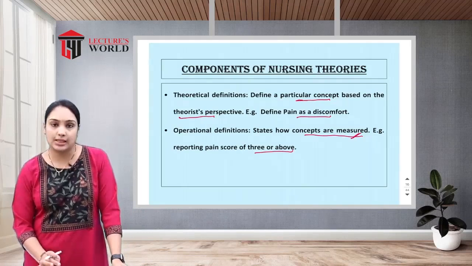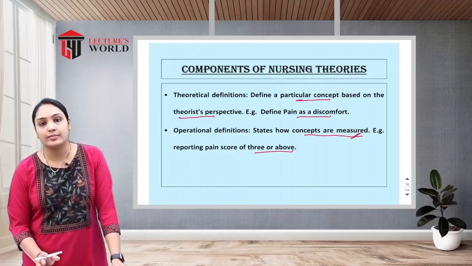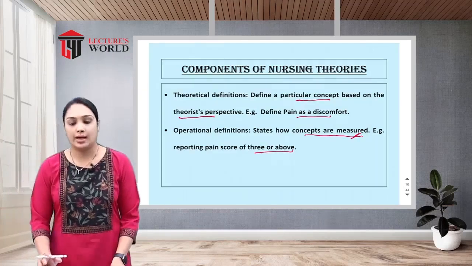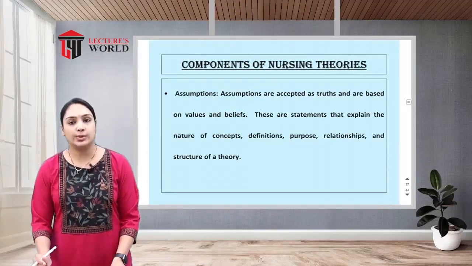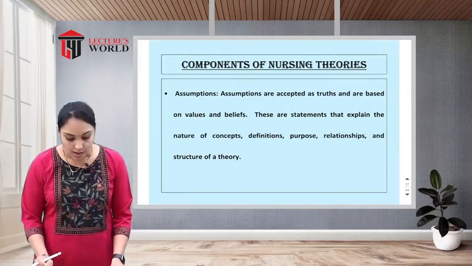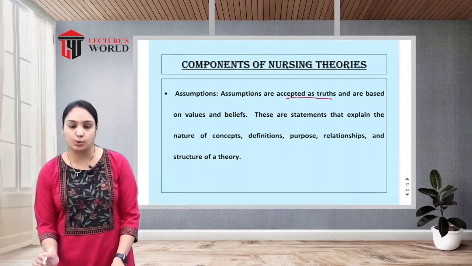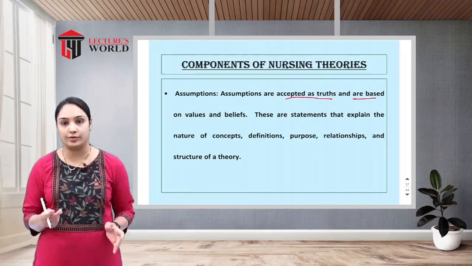So these are the components of nursing theories: phenomenon, concept, definition, and assumptions. Last, we are going to discuss assumptions. Assumptions are accepted as the truth and they are based on values and beliefs.